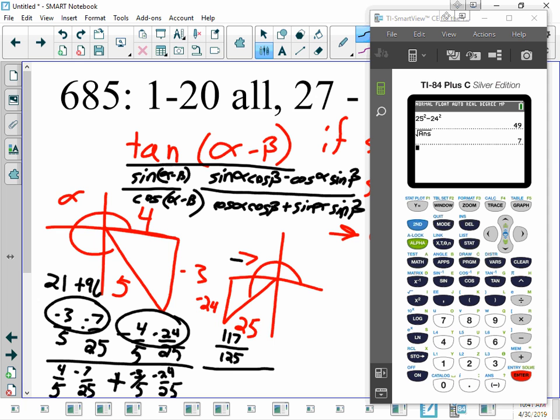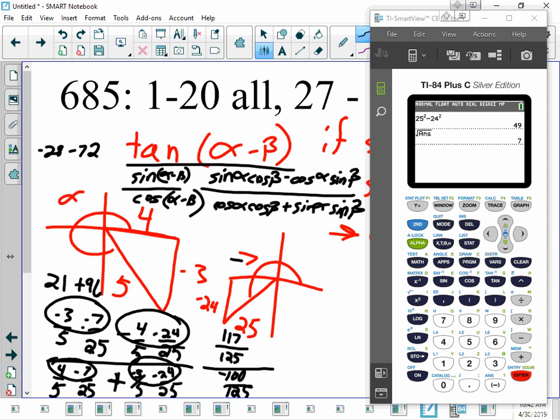So in the denominator, I also get a denominator of 125. Okay? And then 4 times negative 7 is negative 28. And negative 3 times negative 24 is 72. So negative 28 plus 72 is 44... so the denominator is 100 over 125, negative.